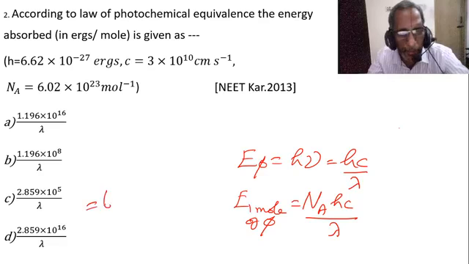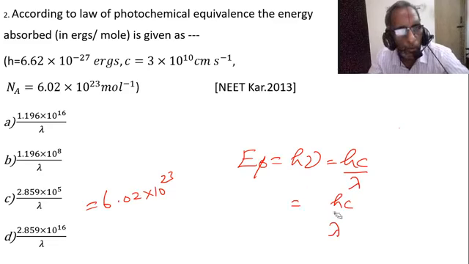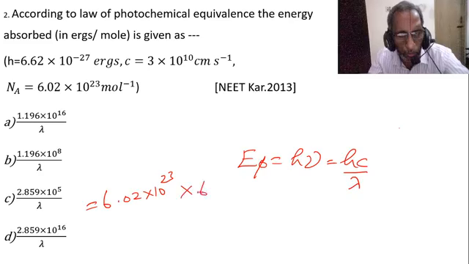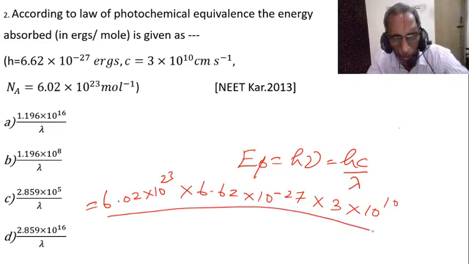Here Na is 6.02 into 10 power 23, h is 6.62 into 10 power minus 27 erg second, c in CGS units is 3 into 10 power 10, divided by lambda.